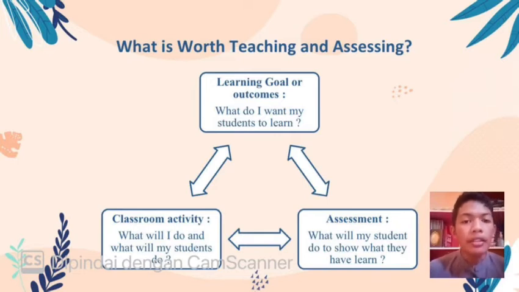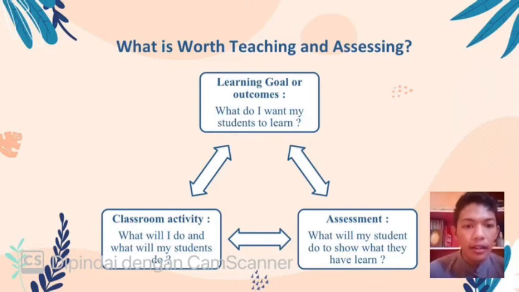After the first step, learning goals and outcomes or objectives, the second step in the triangle circle is assessment. So in the second step, the teacher has to do the assessment. In this assessment, the teachers should know what the students will do to show what they have learned.